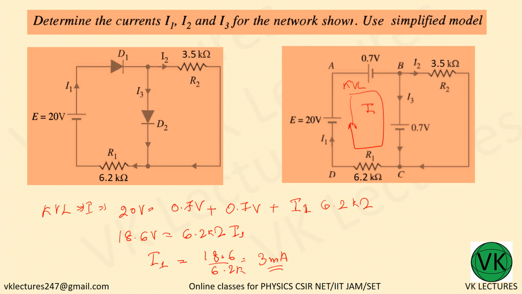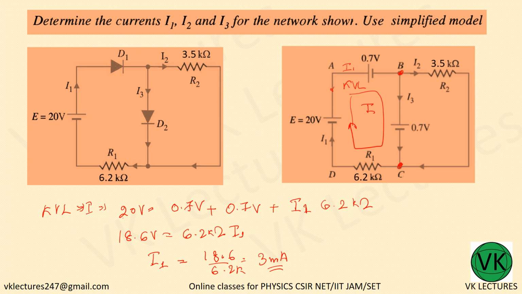So 3 milliampere is the I1 passing through diode 1. Now our next question is to find I2. Once we get I2, you can subtract I2 from I1 so that we will get I3. Now this is the potential developed across the diode, that is 0.7.